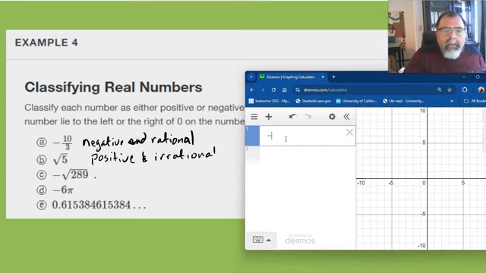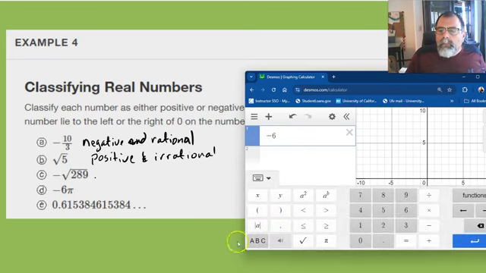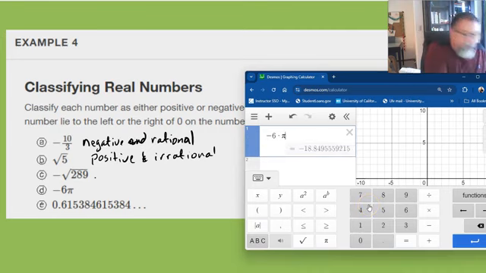So if we do negative 6 times pi, you can see this is going to be a non-repeating, non-terminating decimal number. So that one is irrational, and it's negative, so it'll be to the left.